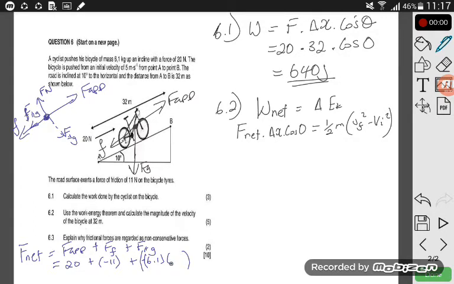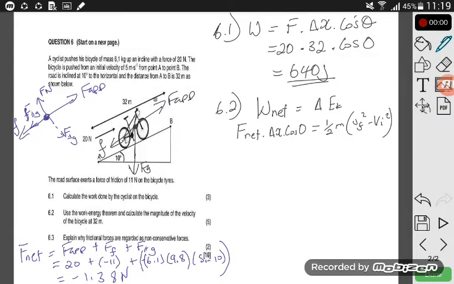Negative 6,1 times 9,8 times sine 10. When you add all this up, you should be able to get the net force is going to be minus 1,388 newtons.